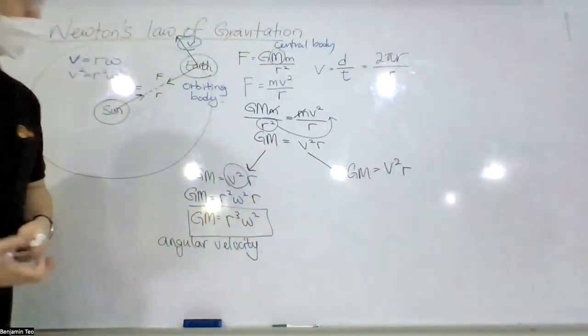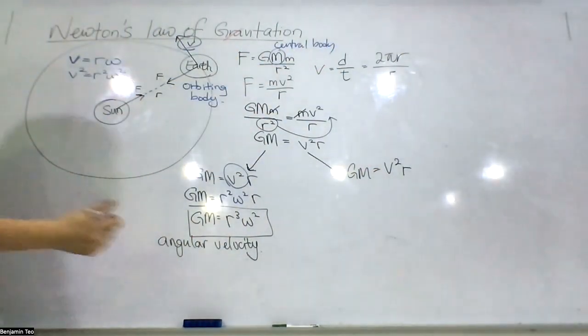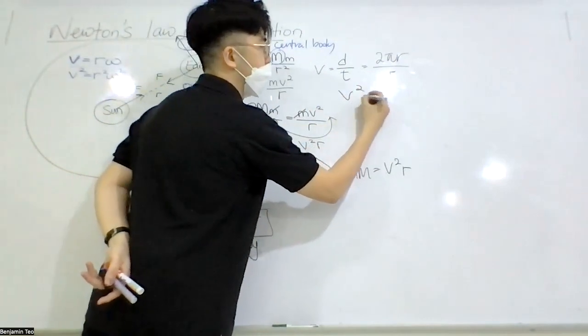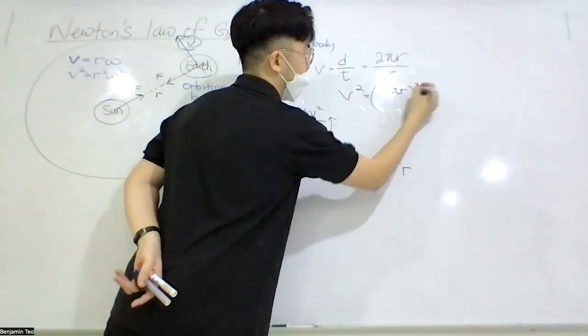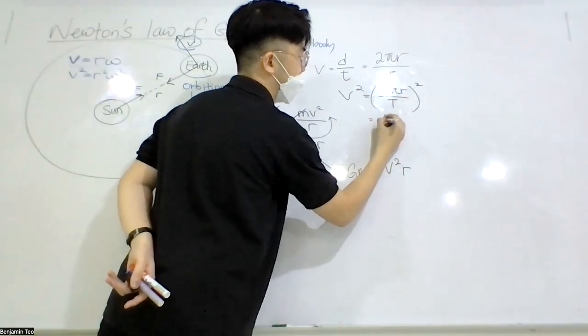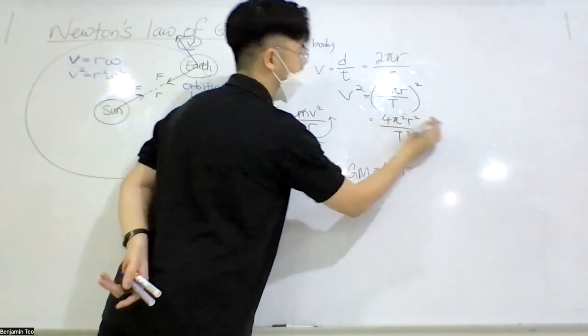So V equals 2 pi r over period. Again, we want to put it inside here. We want to square it first. V squared is 2 pi r squared over T, that is 4 pi squared r squared over T squared.